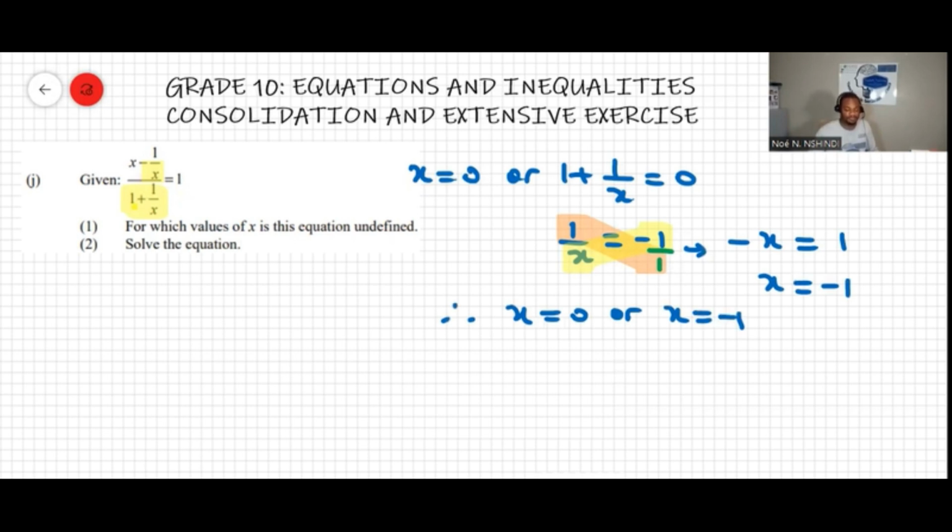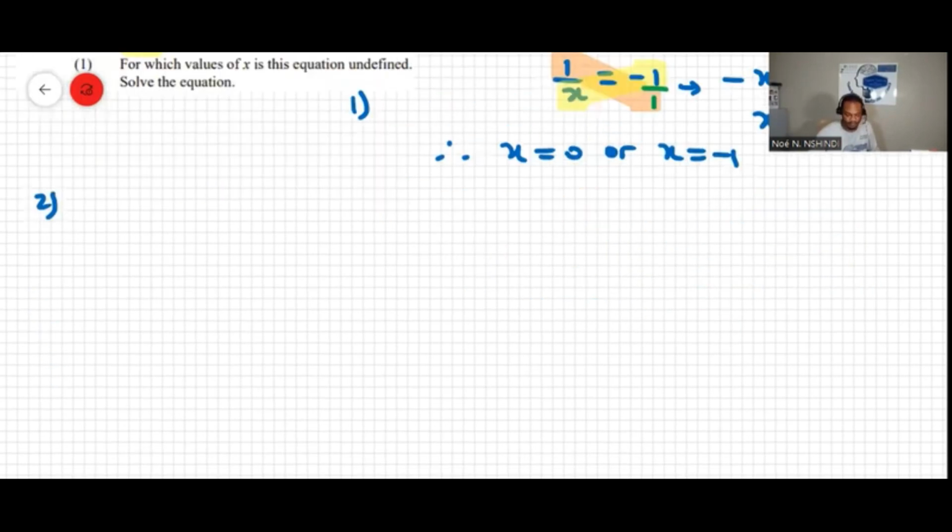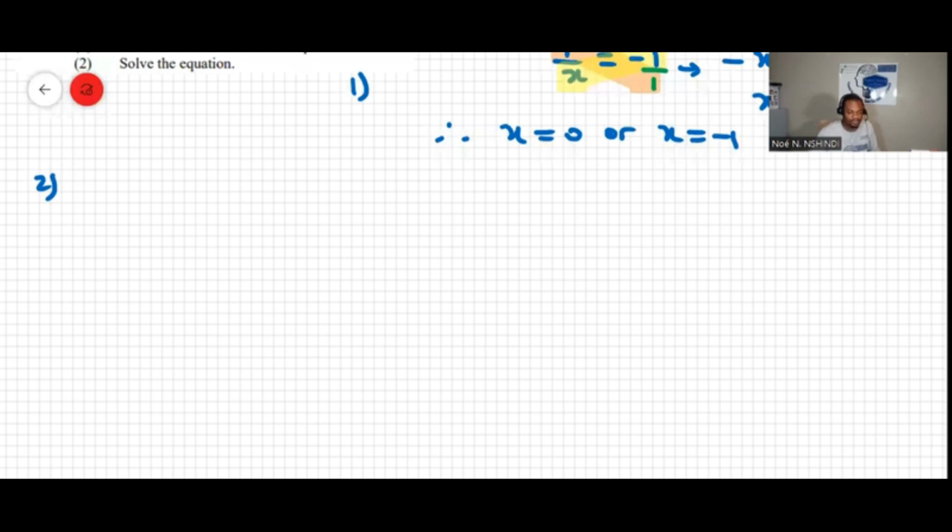That was question 1. Question 2 says solve the equation. Now, we can apply the same property of cross multiplication. Let me rewrite it over here. The expression is x minus 1 over x, all over x plus 1 over x, equal to 1.